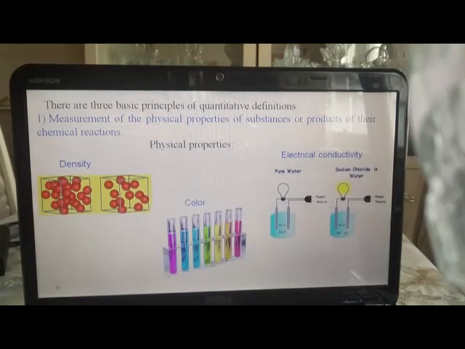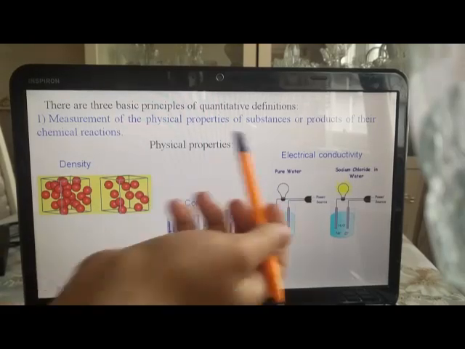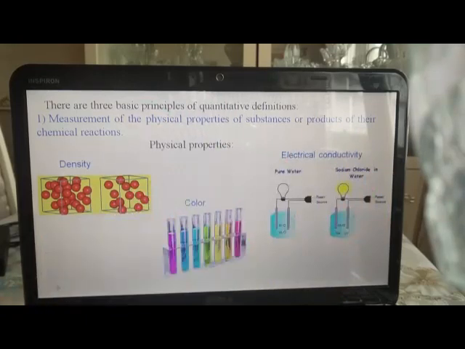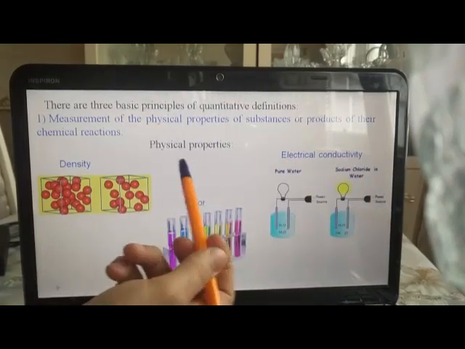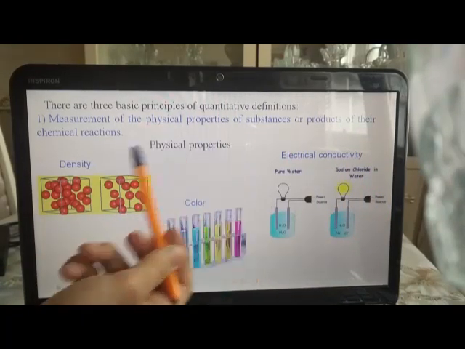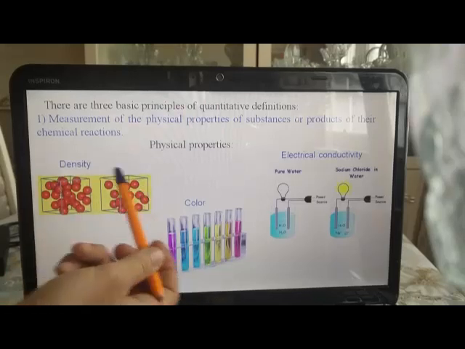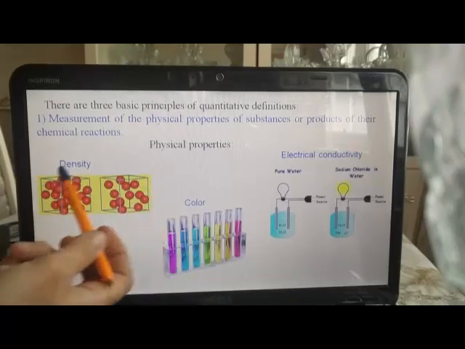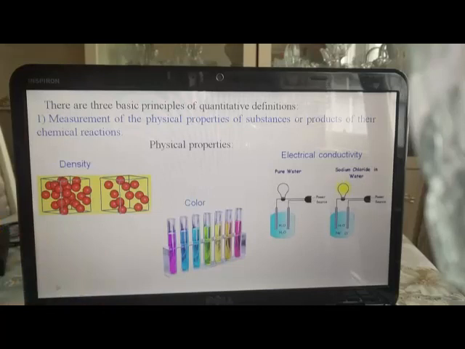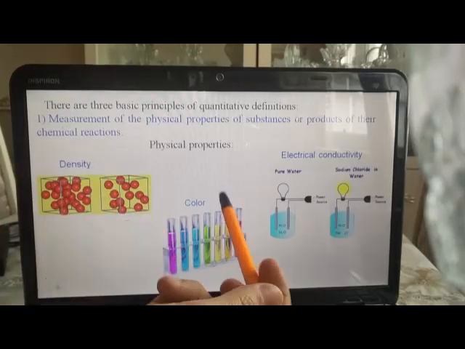There are three basic principles of quantitative determination. The first is measurement of the physical properties of the substance or products of the chemical reaction. The first physical property, for example, is density. We use the density for solutions, for liquids.